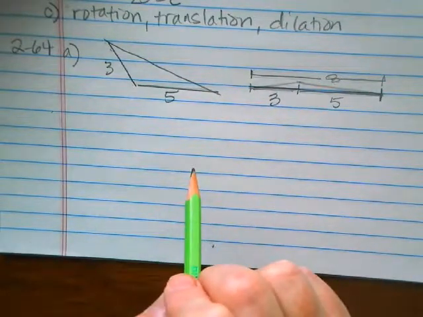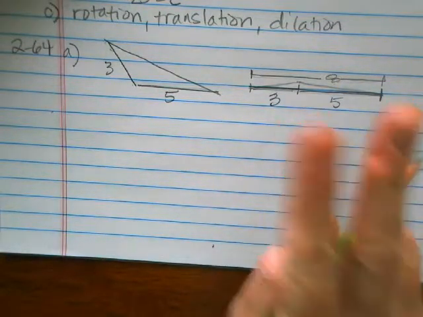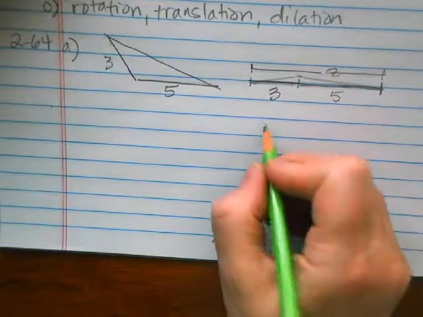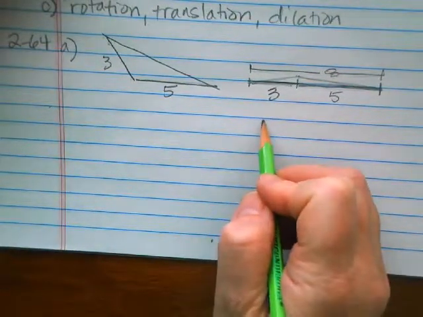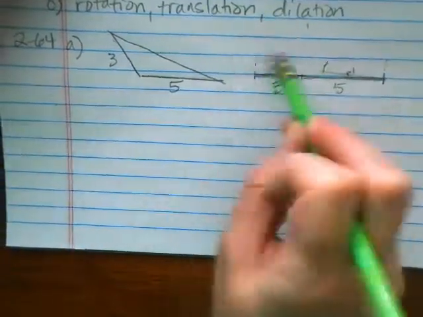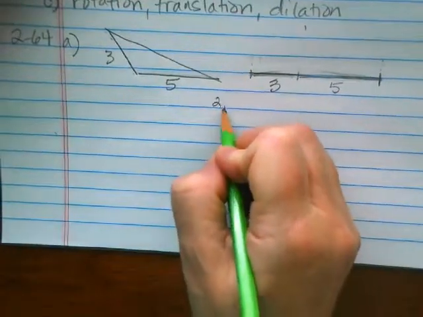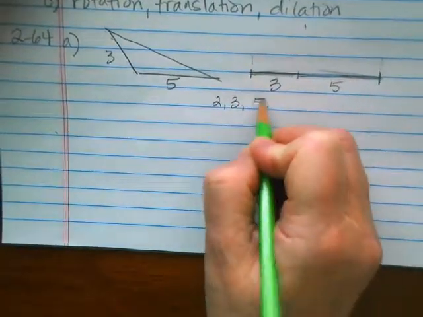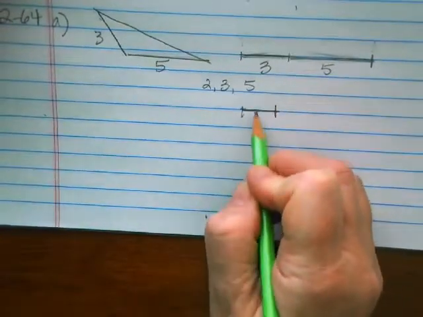If I had something like 2, okay, so let's try to see what that would look like. If I had a side length of 2, so one side is 2, one side is 3, and one side is 5. Here's the side that's 2.